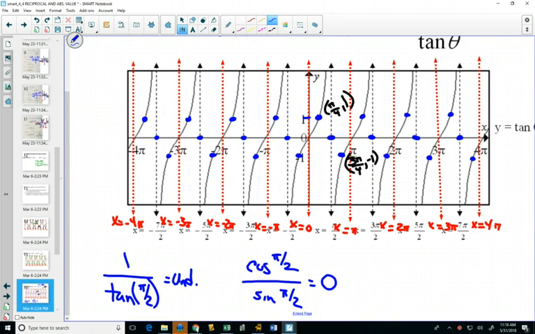And now we have enough points to draw our graph towards the asymptotic behavior, towards the asymptotes.